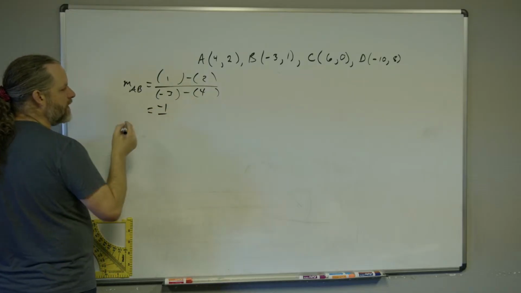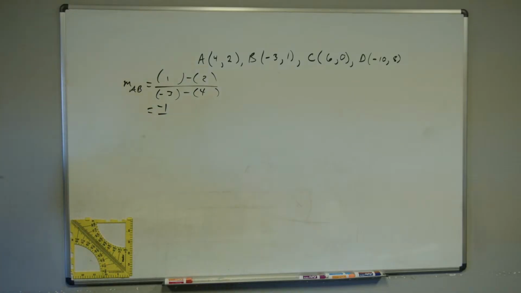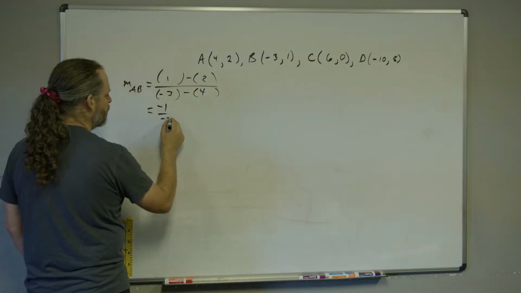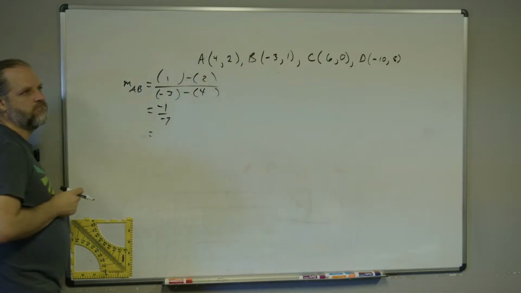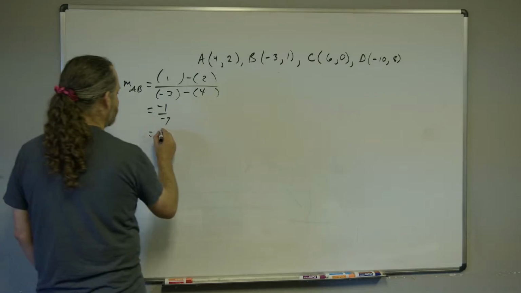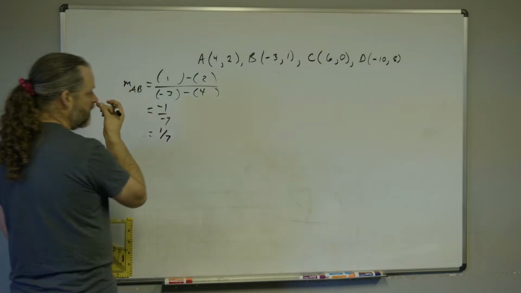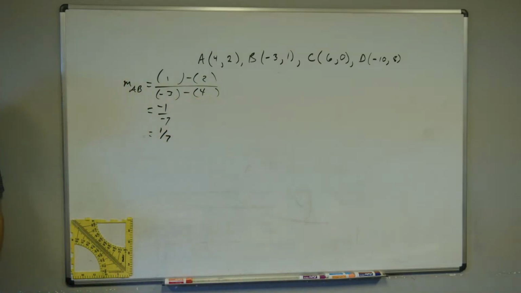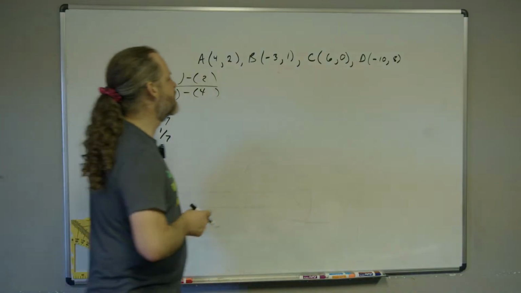What is negative 3 minus 4? Negative 7. So what is the slope? A negative divided by a negative, so what's that going to be? Positive, so positive 1/7. No, 1/7 and 7 are not the same thing. You can't just magic it back over. If it was 7 over 1, then you'd be right. It'd be just 7. But it's 1 over 7, right?